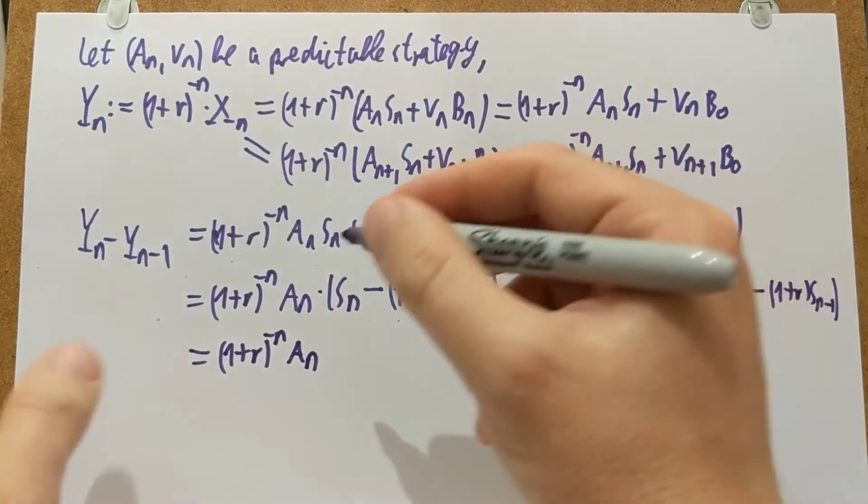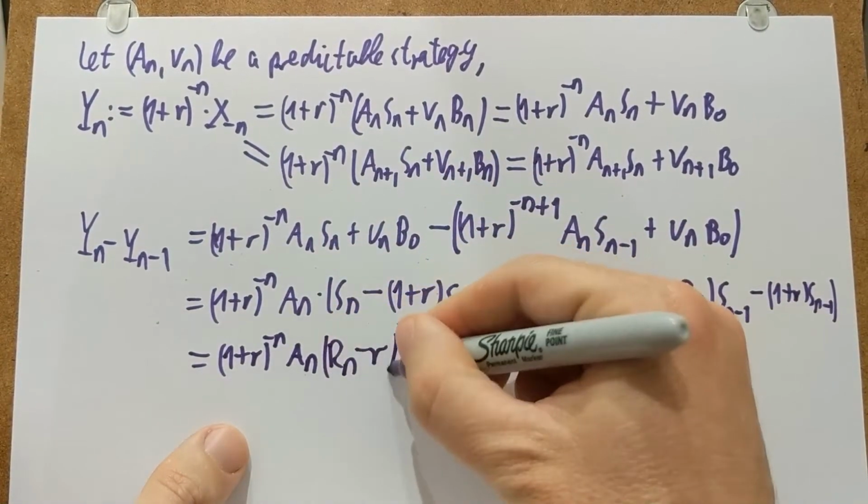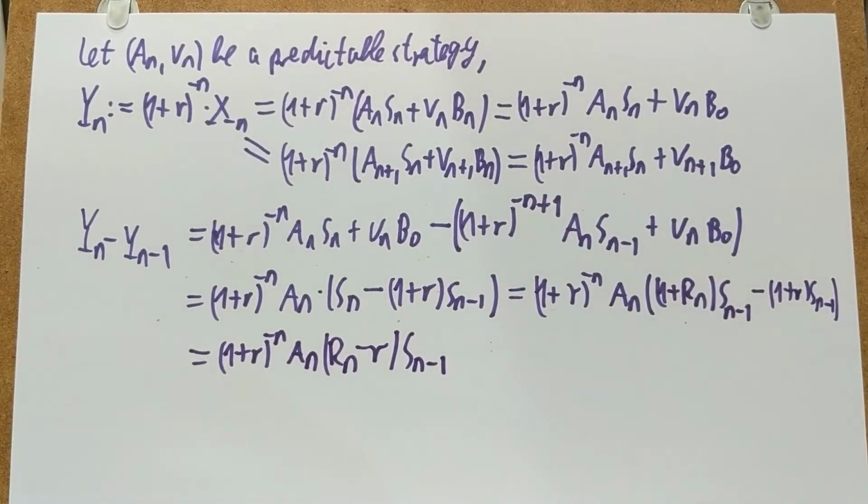So there's the random rate Rn minus R times Sn minus 1. So that's a useful formula. Okay, so that was the first thing I wanted to do here.